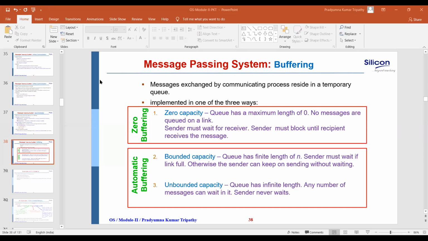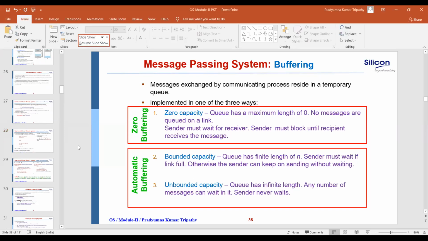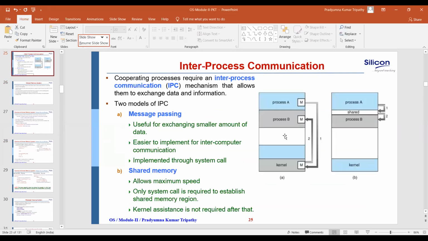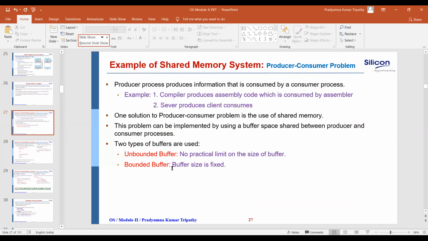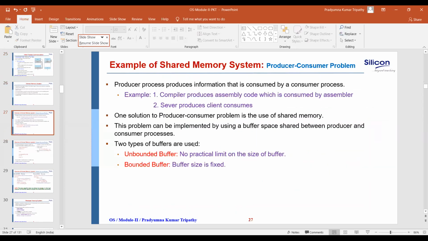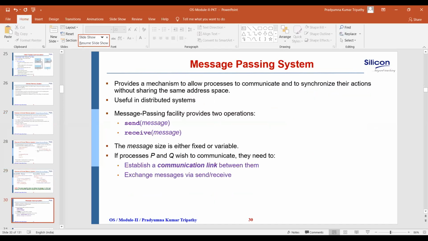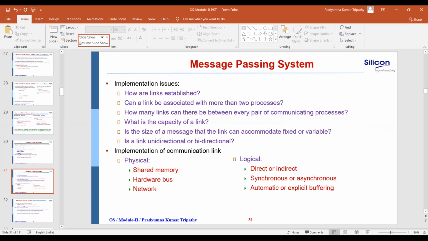Right? So we have read what? We have read about the shared memory and message passing. In the shared memory we have read about the producer consumer problem with the bounded and unbounded buffer. And in message passing, we read what?